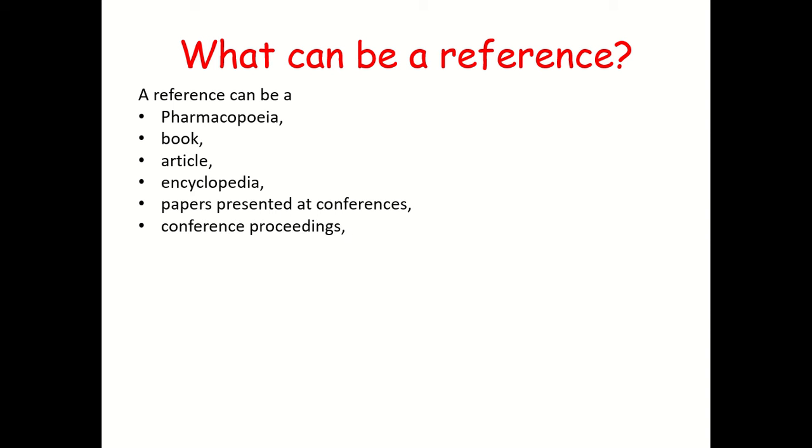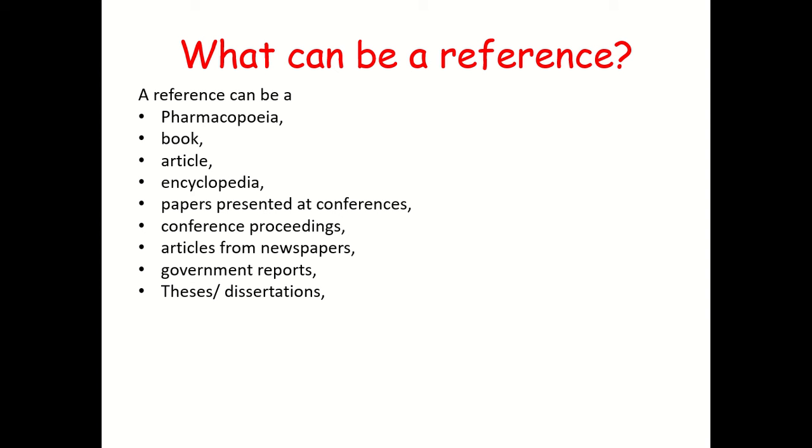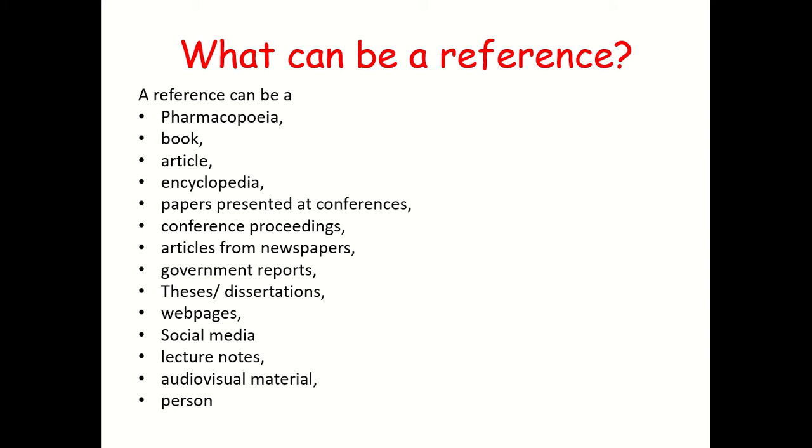It can also include conference proceedings, articles from newspapers, government reports, theses or dissertations, web pages, social media, lecture notes, audiovisual material, and personal communication. All of these form a reference. So all this literature work can be used as a reference.